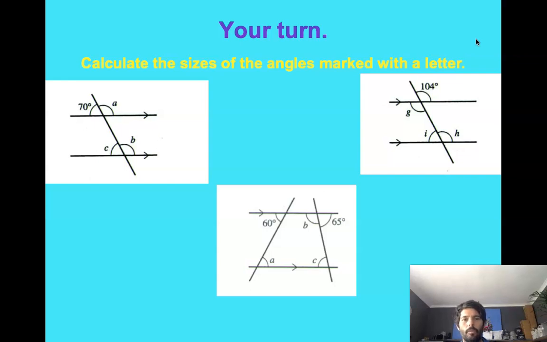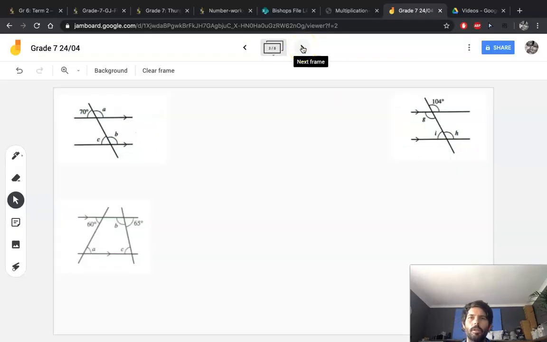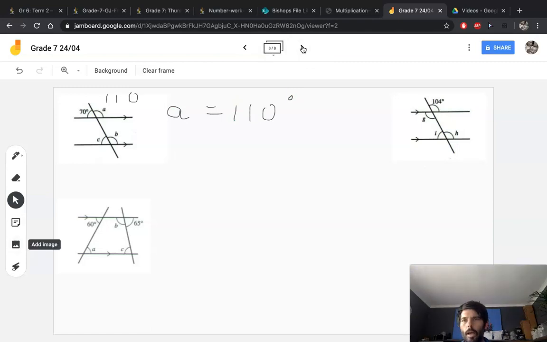Right, off you go. Working through those, I must be honest and say I quite enjoy hunting for angles, which is what we're going to do now. Let's go with the question on the top left. We're looking for A, and the first thing we should say is we know that angles on a straight line add up to 180. So therefore A is going to equal 110 degrees. Then I like to fill in the angles that I know.